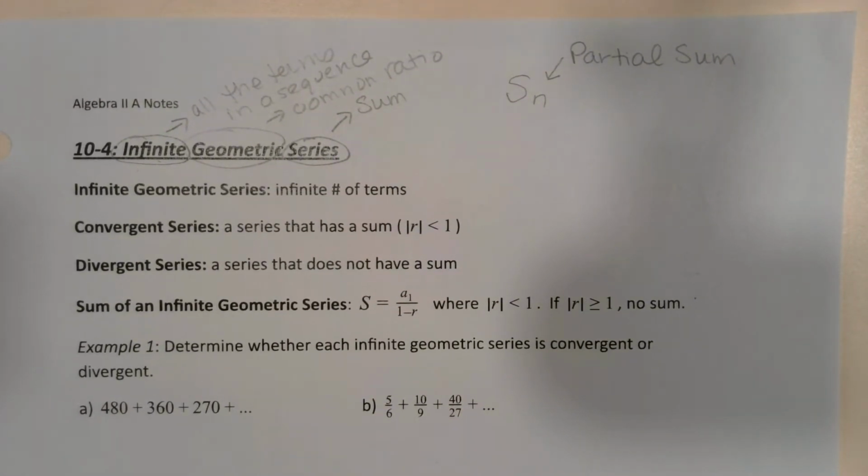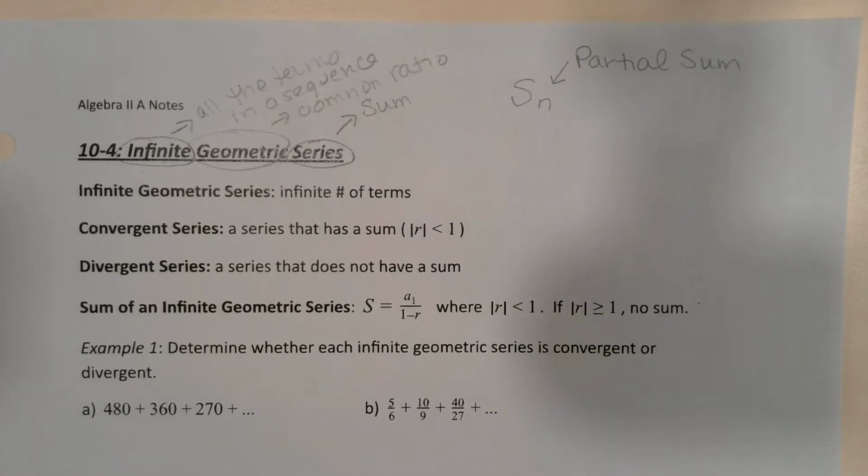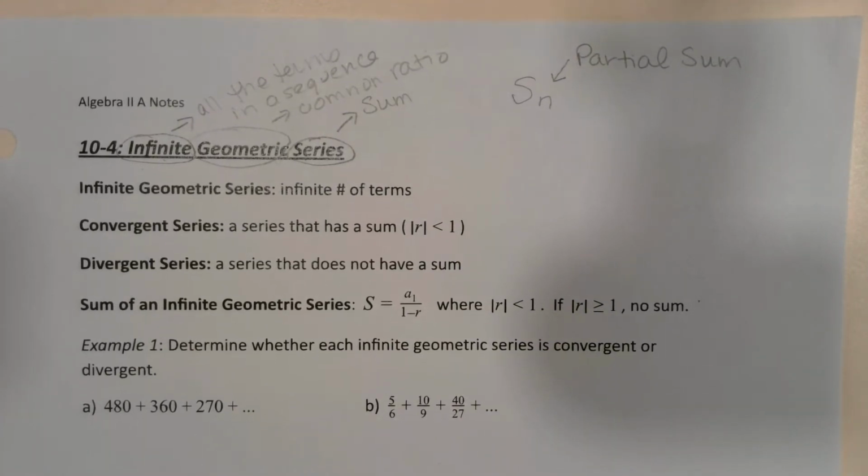But what we're going to do now is find sums for sequences that have an infinite number of terms. The way that works is we can only find the sum for infinite series which are convergent.